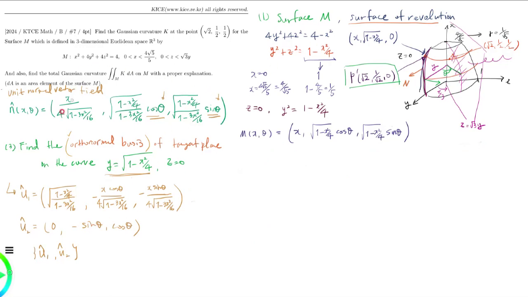The reason why I found the unit normal vector field in the more general case for every theta is for figuring out the value of the total Gaussian curvature.